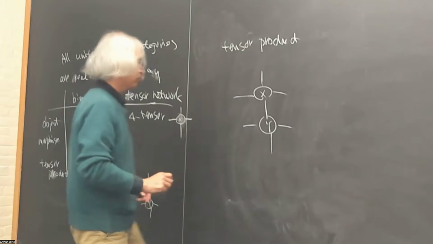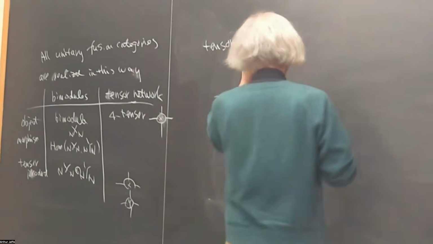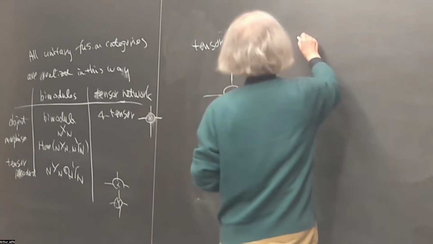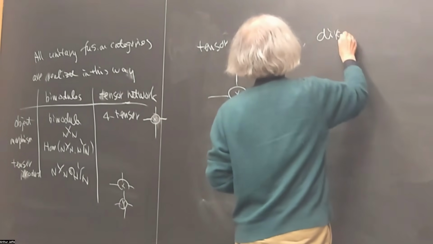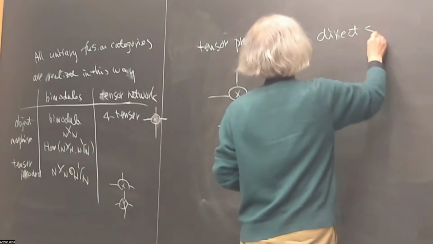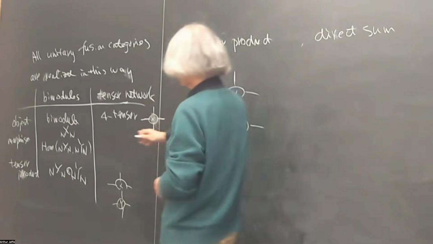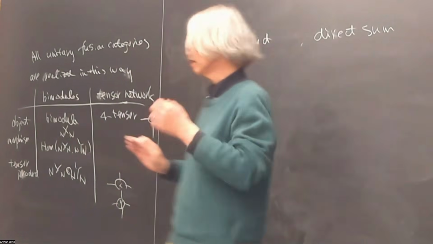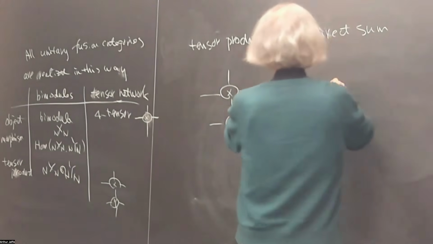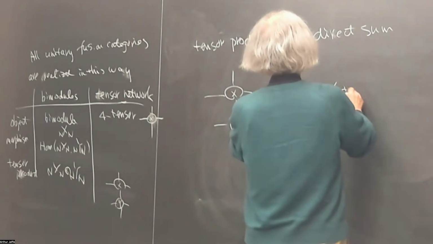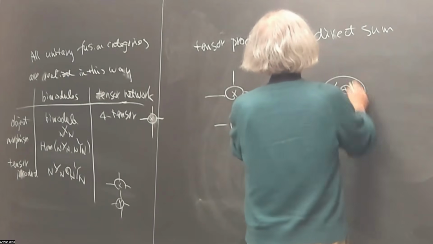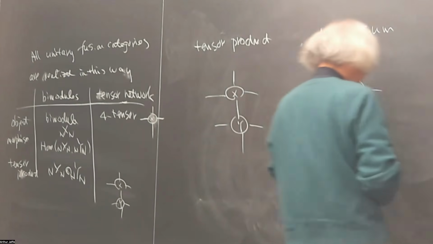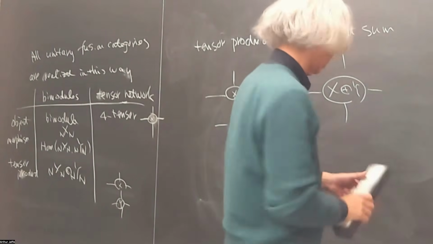And also, we need some notion of irreducibility, but for that, we need a direct sum. In the case of bimodules, a direct sum is quite easy, just a direct sum of Hilbert spaces. But here, the direct sum is like this one.